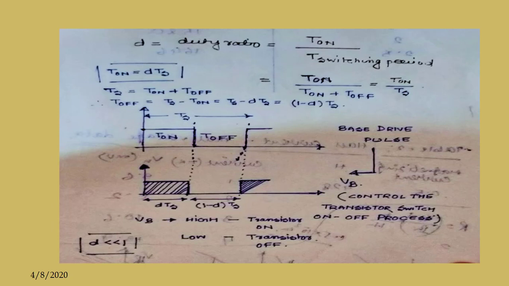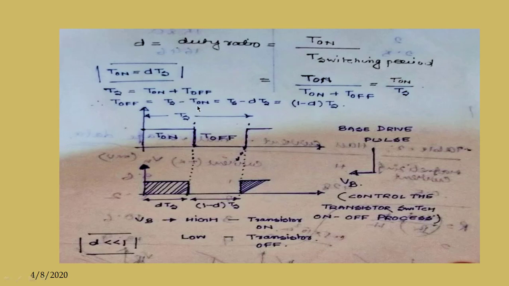Now duty cycle is the on time divided by the total switching period, right? Total switching period means T on plus T off, which is represented by TS, where TS is the switching period. So we can say D equals T on by TS, so T on equals D TS.